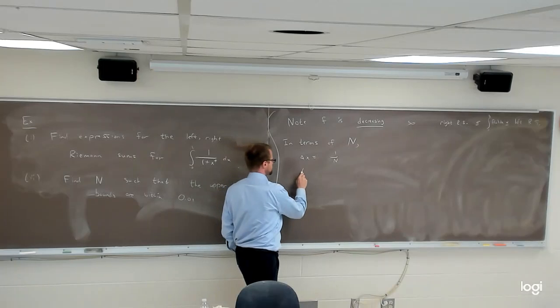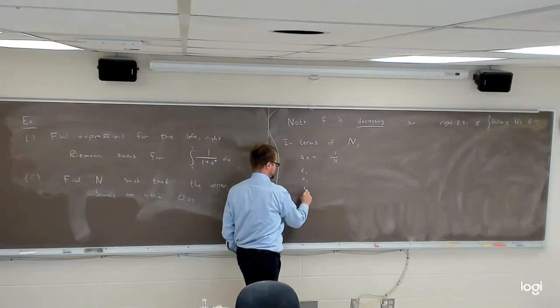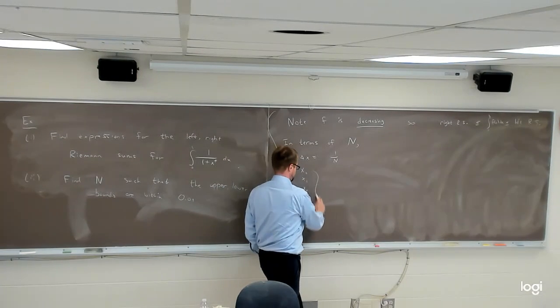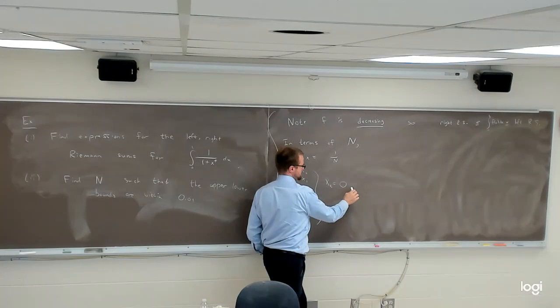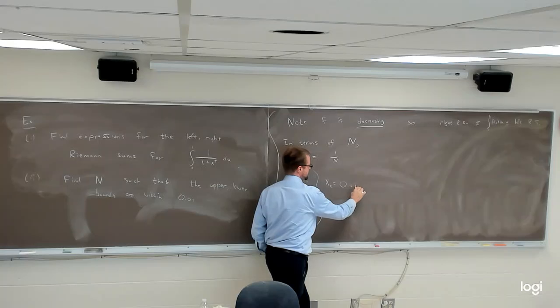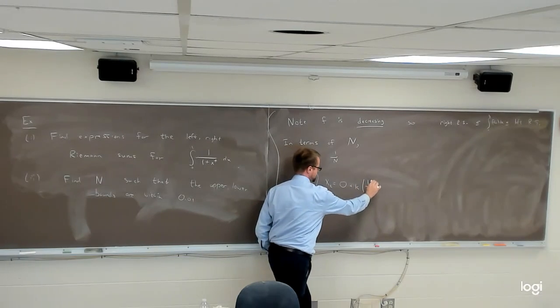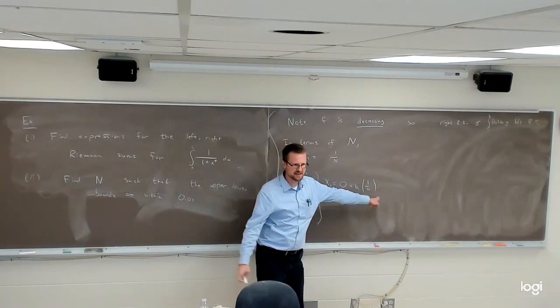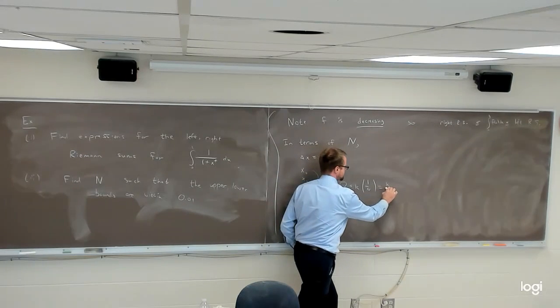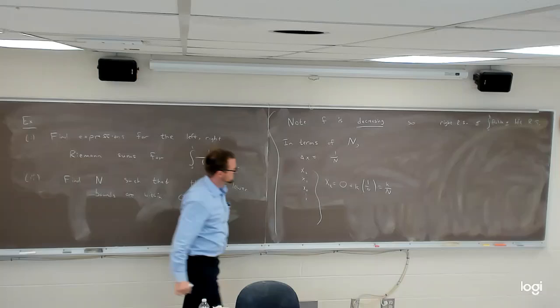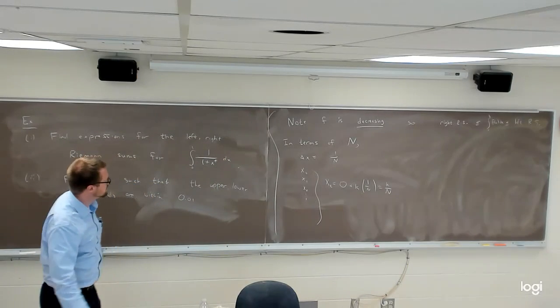My partition points x0, x1, x2, dot, dot, dot. xk is going to be the left-hand endpoint plus k times delta x, like a plus k delta x. That's actually just k over n, pretty simple formula for the partition points this time.